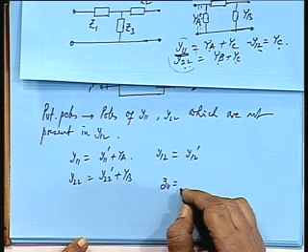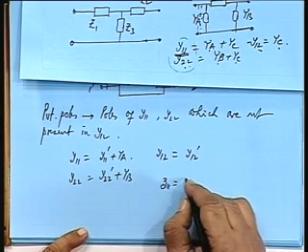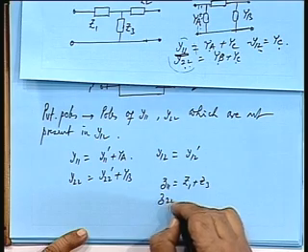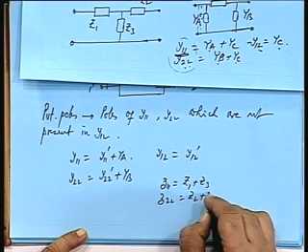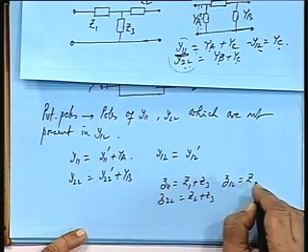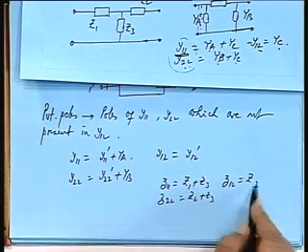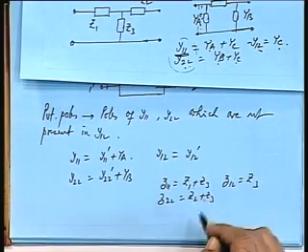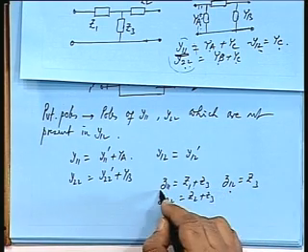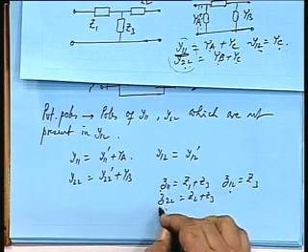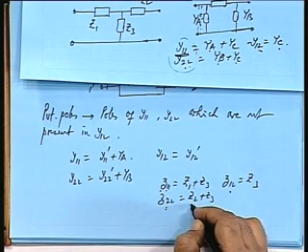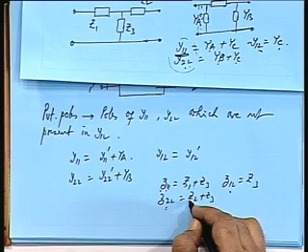Then Z11 will be Z1 plus Z3, Z22 will be Z2 plus Z3 and Z12 is Z3. So, here also you see the poles of Z3, that is Z12, poles of Z12 will be present in Z11 and Z22, but the converse is not true. Z11 and Z22 will have additional poles coming out of Z1 and Z2.